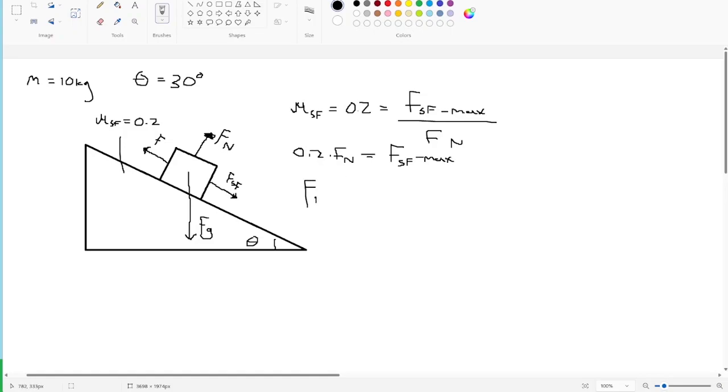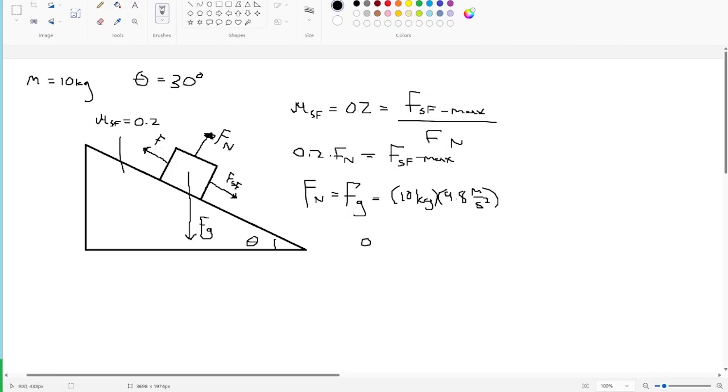Force normal in this case is going to be equal to force of gravity, which is going to be equal to 10 kilograms times 9.8 meters per second squared. Okay, so from there we can calculate force of static friction quite easily.